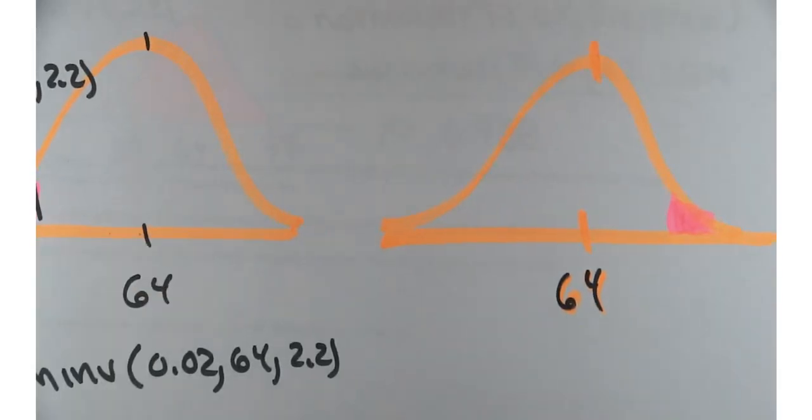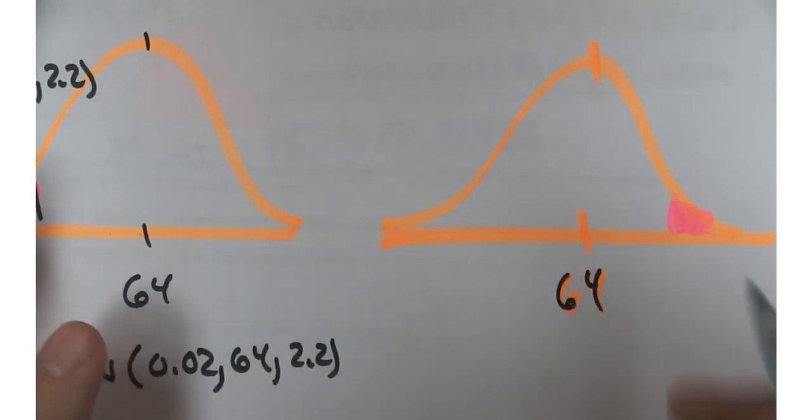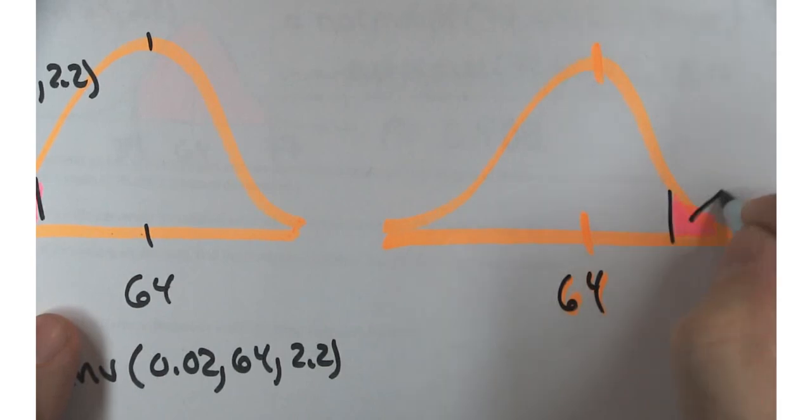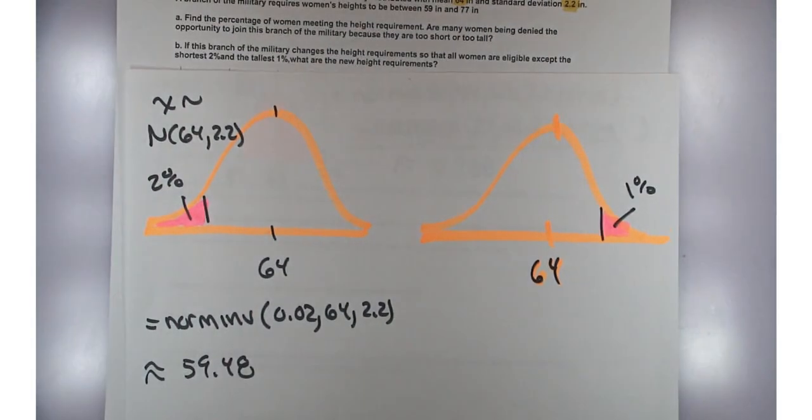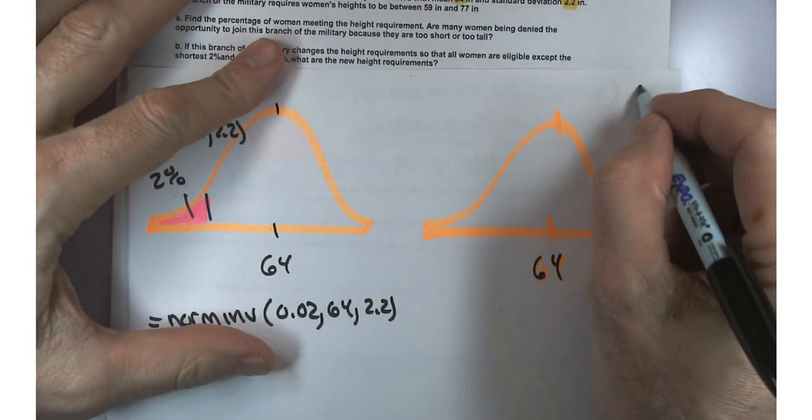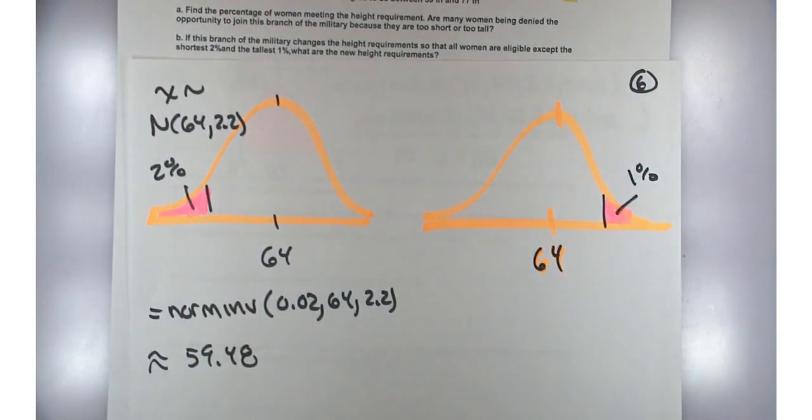Try and find that value for 1% of the area in the right tail. So it's going to be another norm inverse command, but you're going to have to think a little bit. And if you get a value that doesn't make sense, then go back and figure out what went wrong.